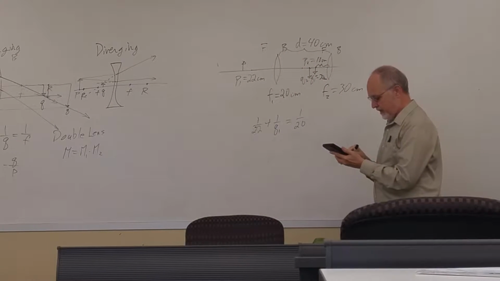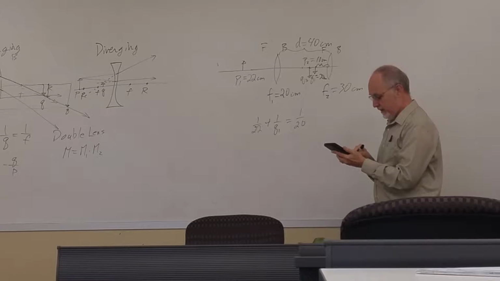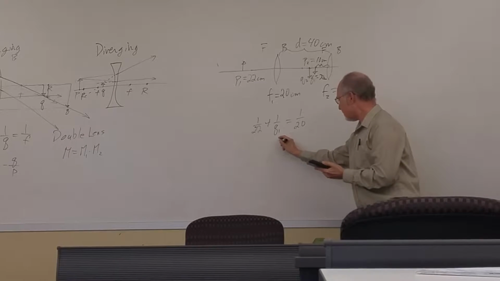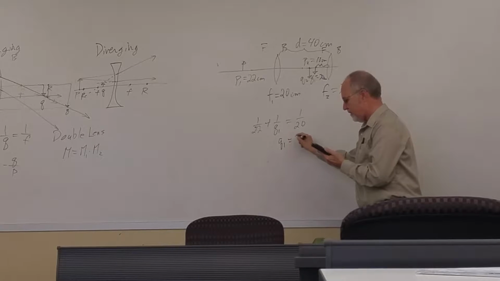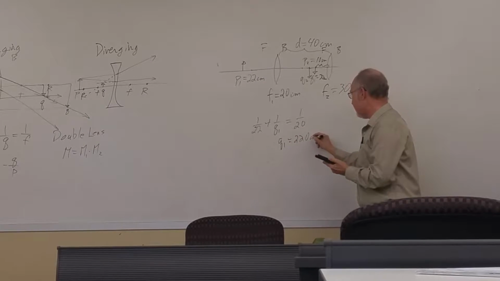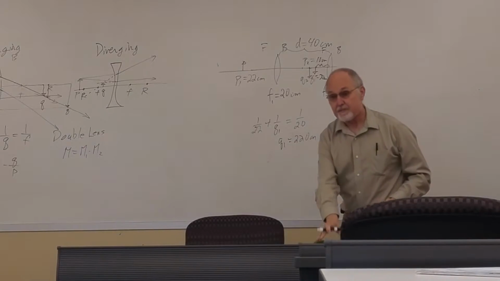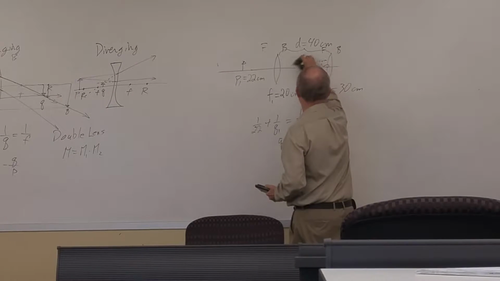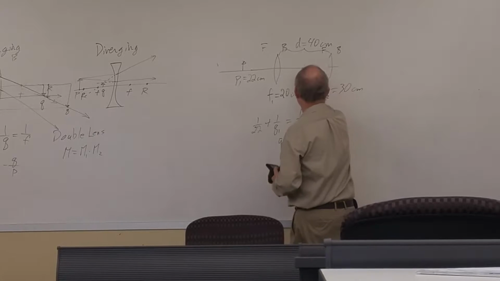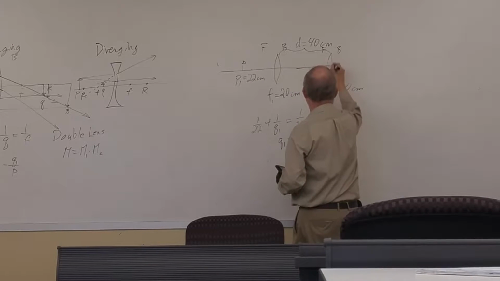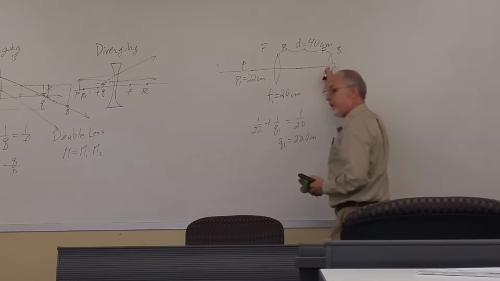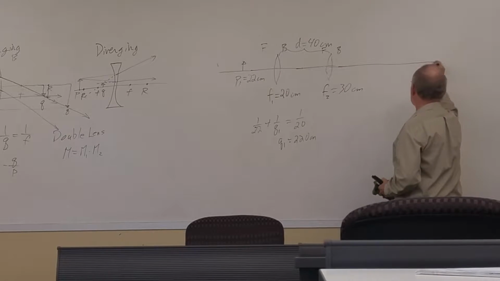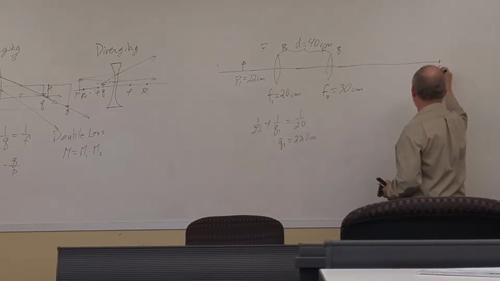So 1 divided by 20 minus 1 divided by 22, take the reciprocal. Q1 is going to be 220 centimeters. And that's positive 220, which means, here to here is only 40. So from here, 220 is going to be way out here somewhere.